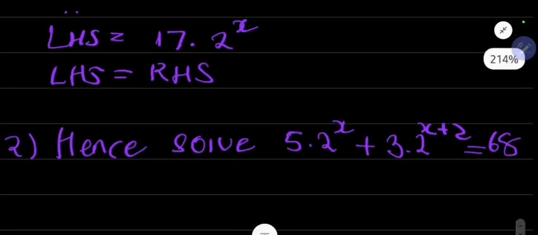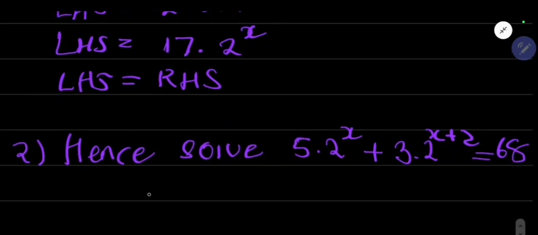So how so? We already know that this part here is the same as 17 times 2 exponent x. So let us write it as 17 times 2 exponent x, because we have already proven it.